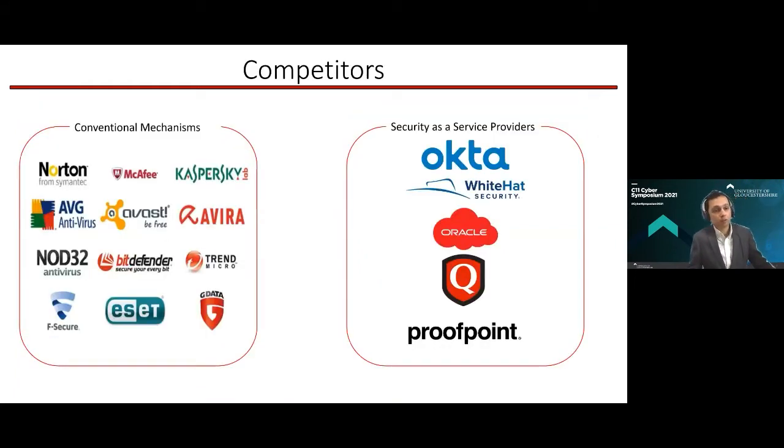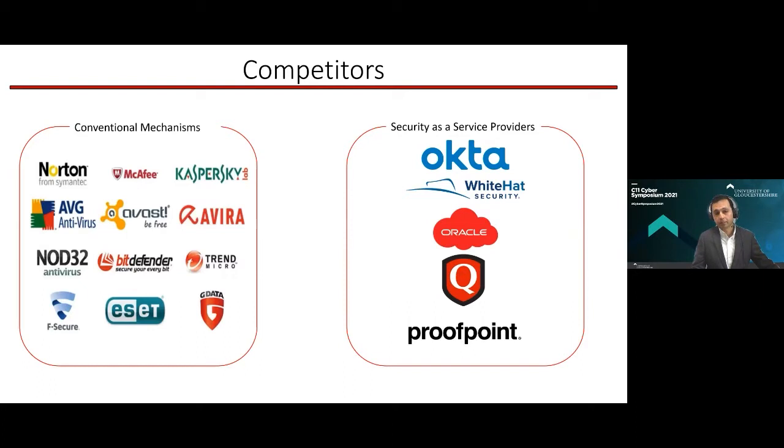Competitors. We've got the conventional mechanisms on the left-hand side, all the antiviruses that we have. On the right-hand side are the security as a service provider organizations. For the conventional mechanisms, as we talked about, our solution significantly improves CPU power and doesn't consume host-based resources. At the same time, it increases the accuracy of detection and is highly responsive.